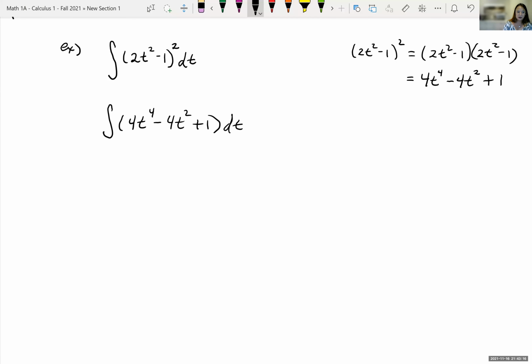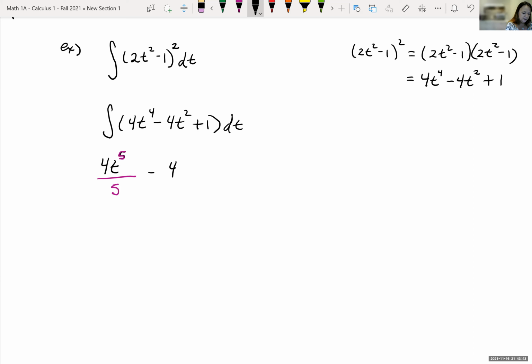So just like when we were taking derivatives of multiple terms, I'm not going to rewrite this each time saying I'm taking the antiderivative of each term. I'm just going to go ahead and do it. If I took the antiderivative of 4t to the 4th, we're going to add 1 to our exponent. So we now have 4t to the 5th power, divided by my new exponent of 5.